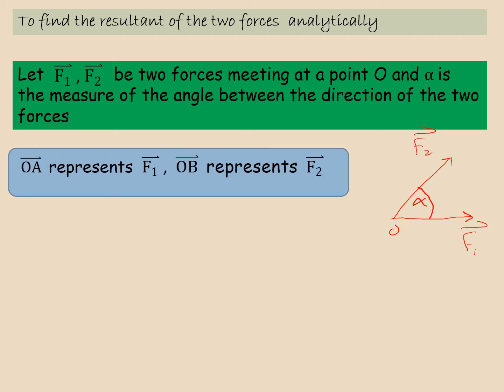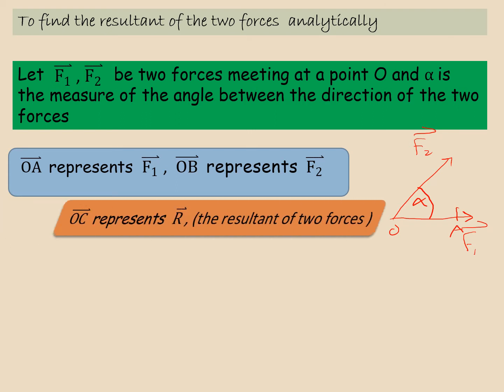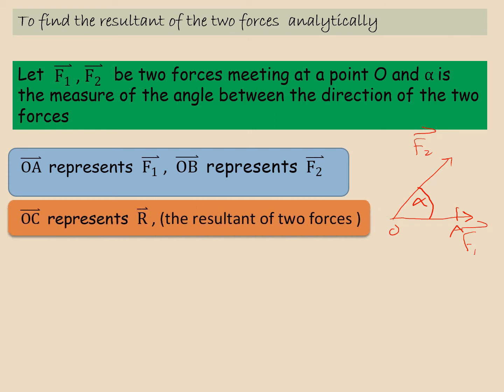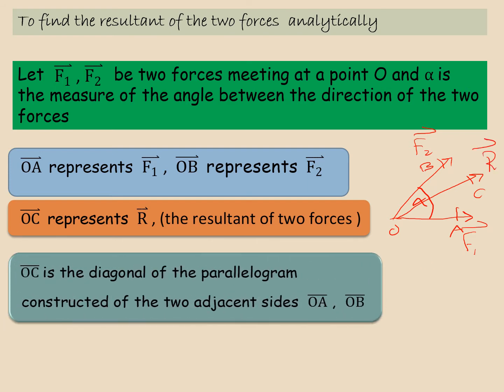So OA represented by F1 and OB represented by F2 and OC represented by R, the resultant force, and OC is the diagonal of the parallelogram constructed of the two adjacent sides OB and OA.